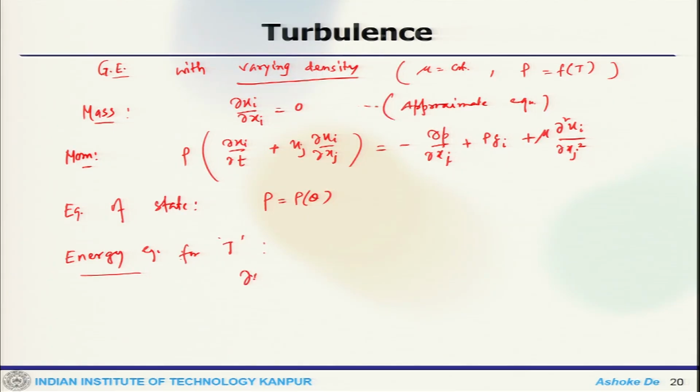So, that will be in terms of del theta by del t plus uj del theta by del xj equals kappa del 2 theta by del xj square. So, this is the governing equation set that one can have for the varying density condition.